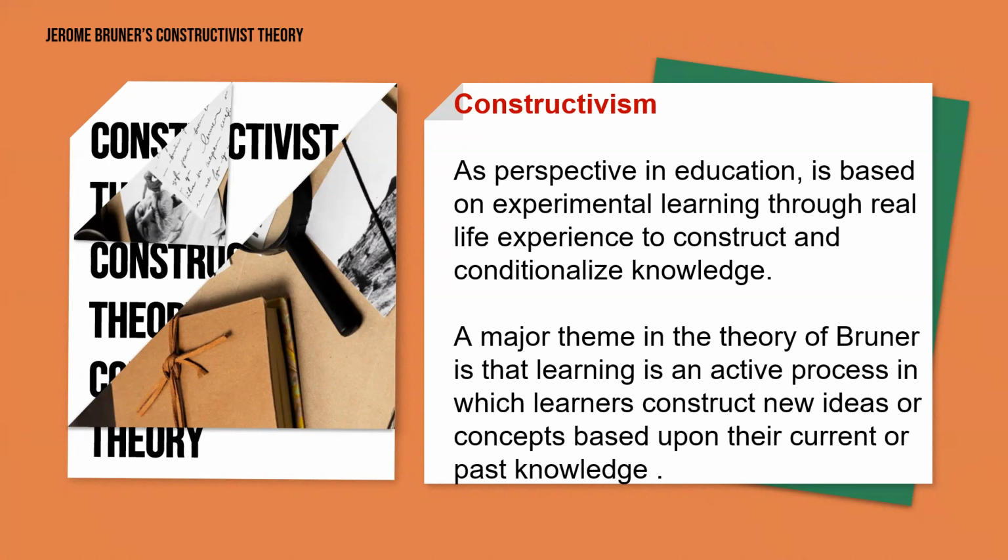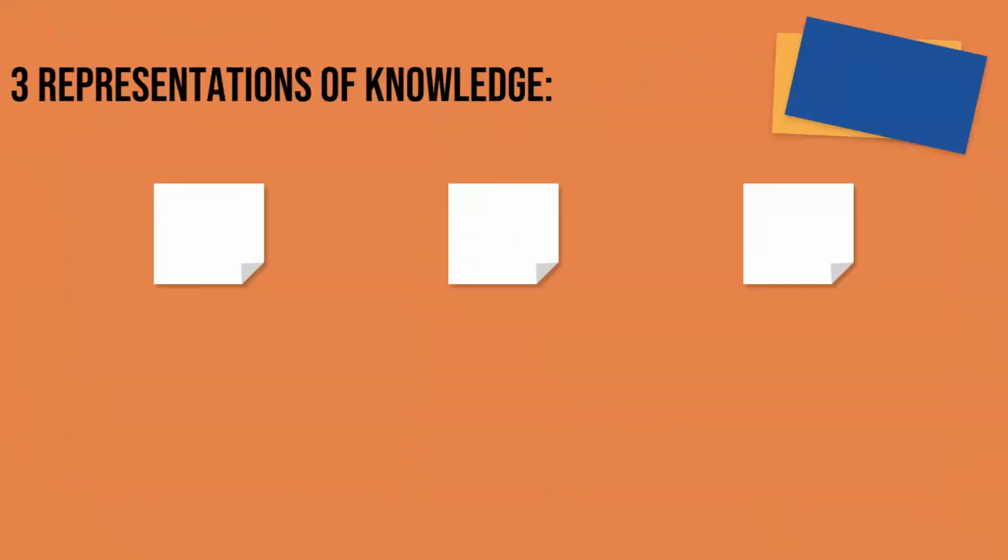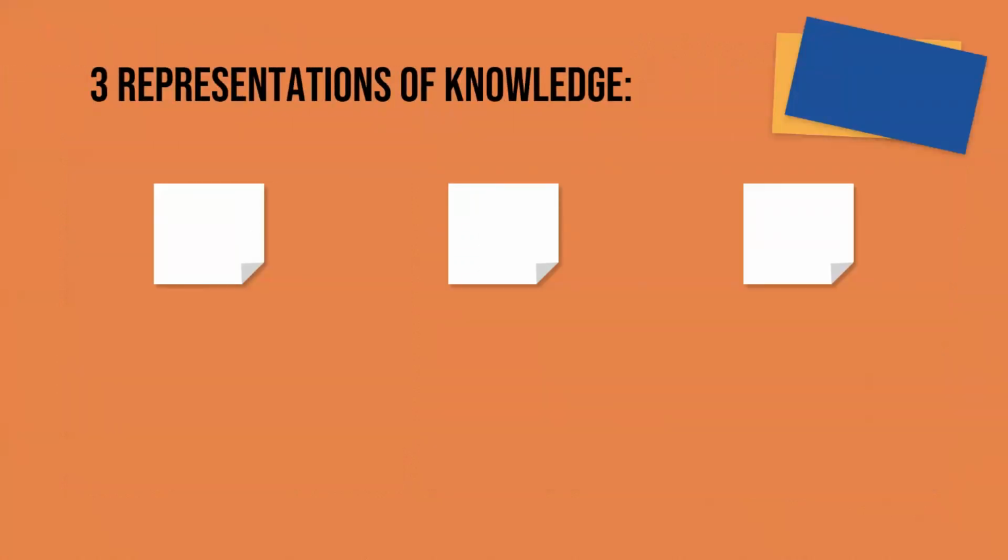So equally influential were Bruner's investigations about children's cognitive development. So he came up with three representations of knowledge. He proposed this three-tiered system of internal representation.